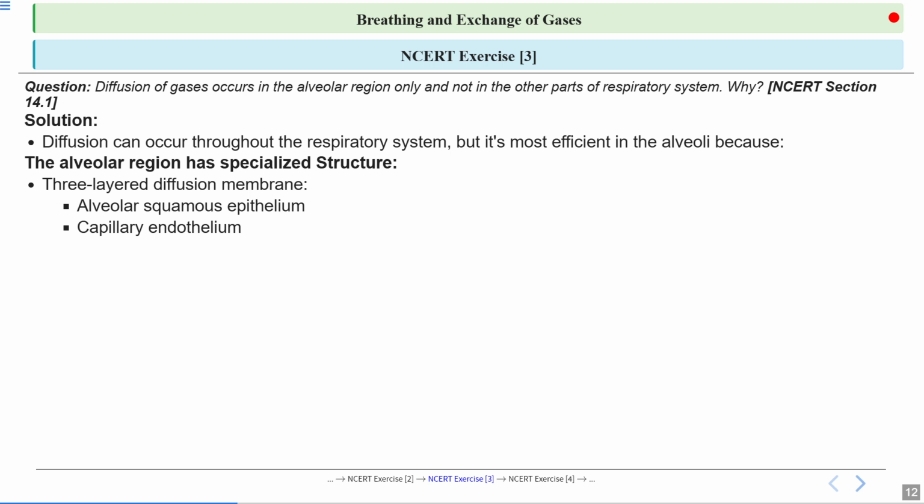Throughout the alveolar region, at the outer surface, you can see blood capillaries running over it, and blood is flowing inside them. The wall of these blood capillaries is made up of capillary endothelium cells. Endothelium is again a type of squamous epithelium.